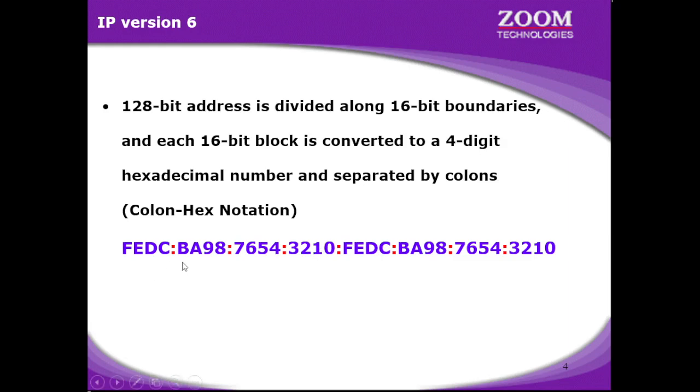So itong dalawang blocks na to is 32 bits. So isang block is 16-bit na. So imagine, if we have an IPv4, FEDC BA98 lang yung nako-consume na address for IPv4. Kaya po mayroong IP version 6 dahil medyo congested na po yung IP version 4 natin. Therefore, the organizations that are assigned to do this, they expanded into IP version 6.